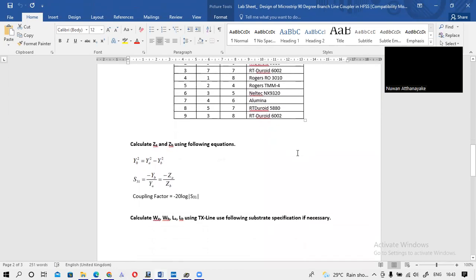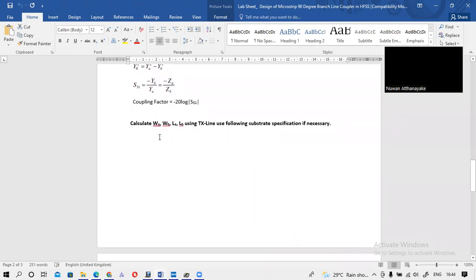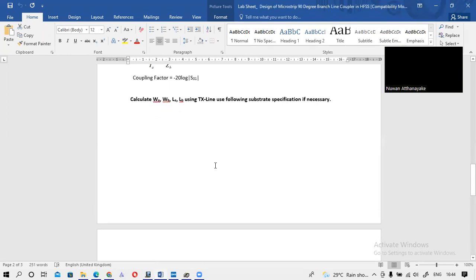You are also given the important equations and some design parameters. The dimensions of the coupler should be calculated using the TX Line tool. This tool can be easily downloaded from Google. I hope you have the tool with your laptop.